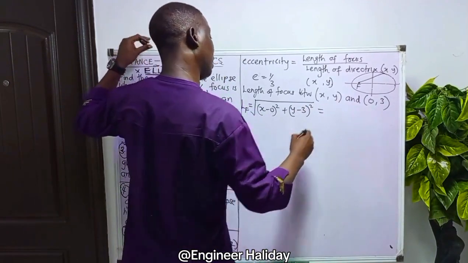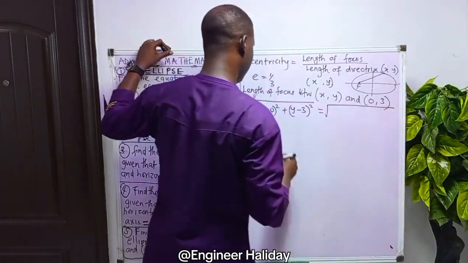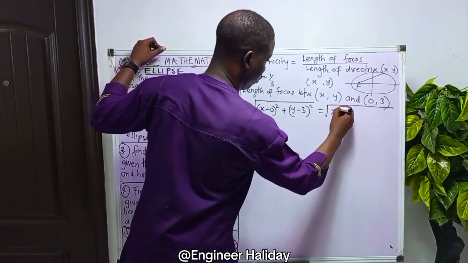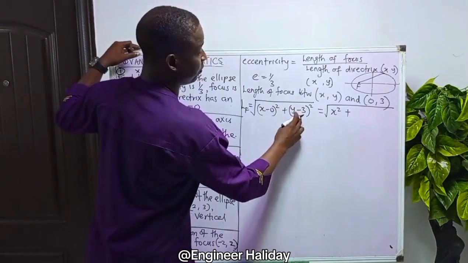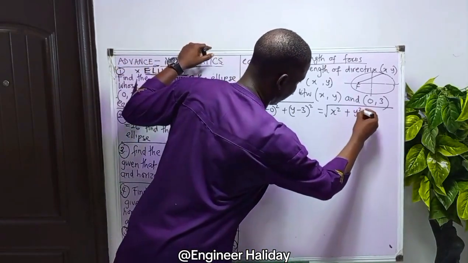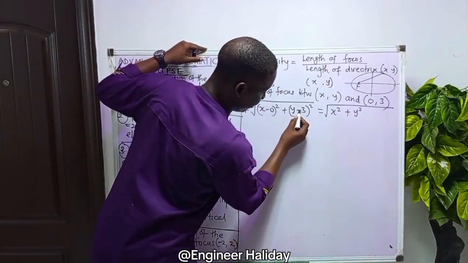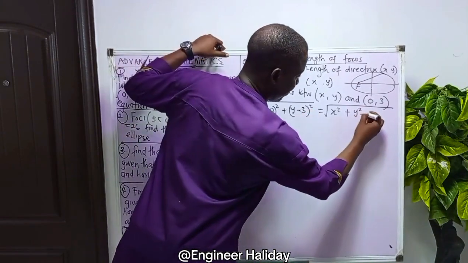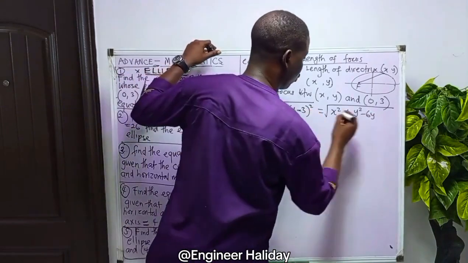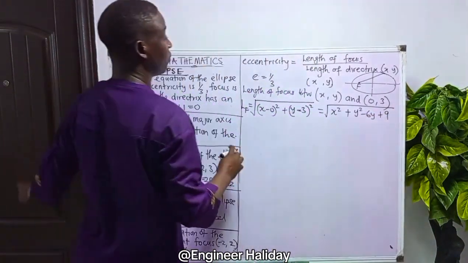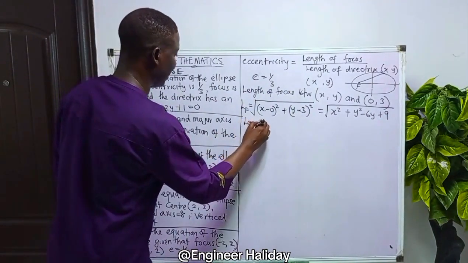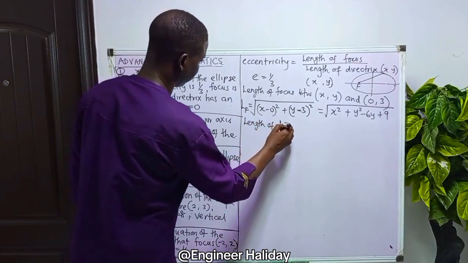That gives us square root of x minus 0, which is 0, squared, so x square, plus, opening the bracket, y squared, y times minus 3 times 2 gives minus 6y, then squaring 3 you have 9. Leave that first. That is the length of focus.